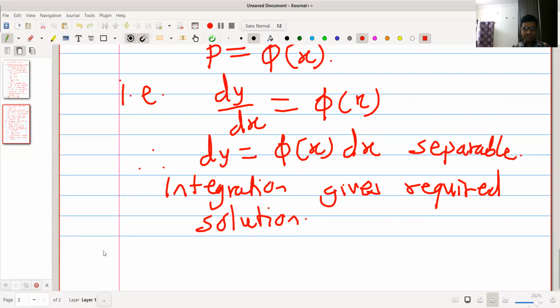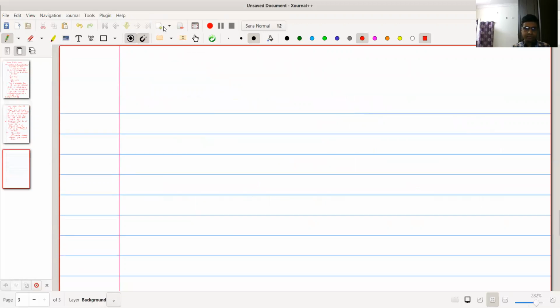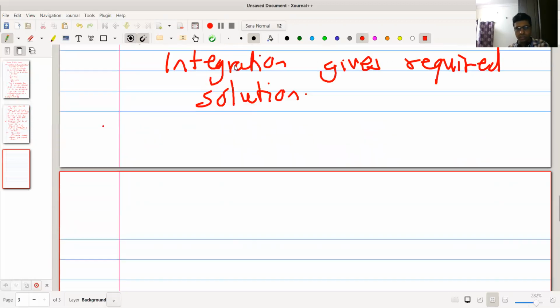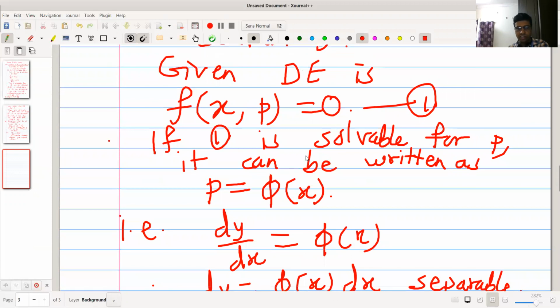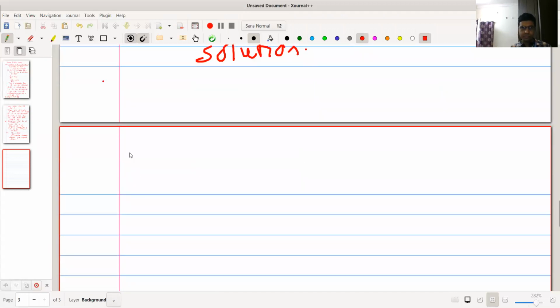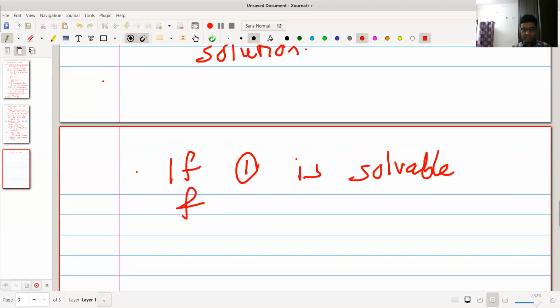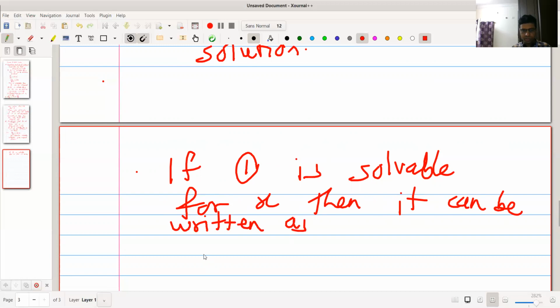Another possibility is this equation 1, f of x comma p equal to 0, is solvable for x. If 1 is solvable for x, then it can be written as x equal to f of p for some function f.